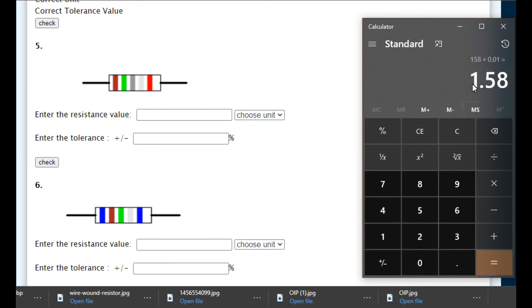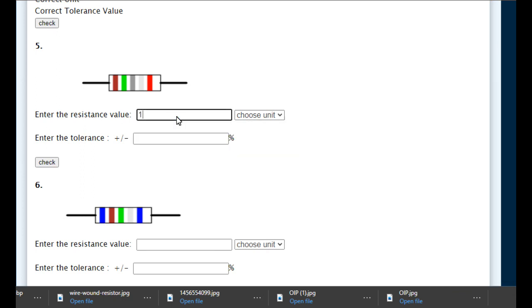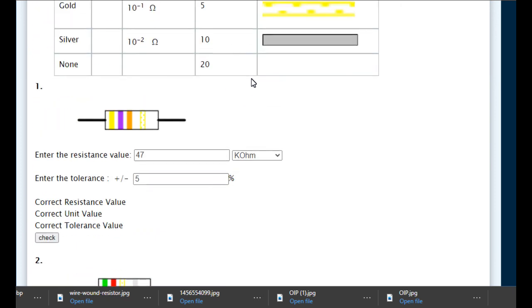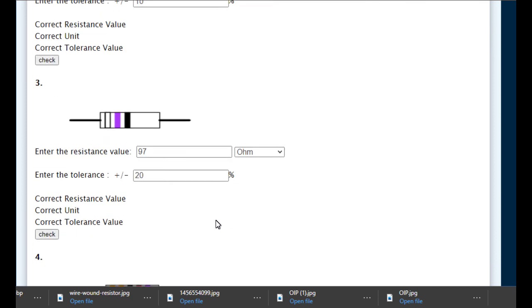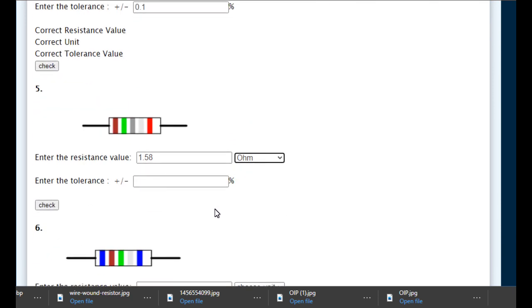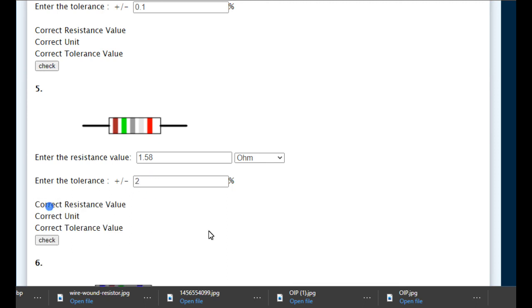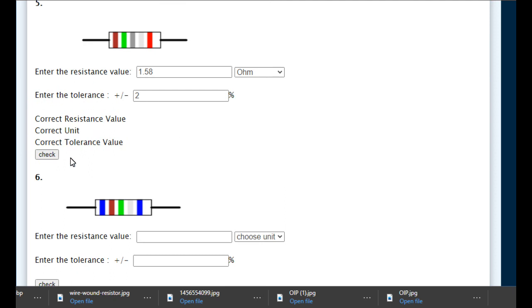So your value will become 1.58 ohms. Write 1.58, choose the unit ohms, and the tolerance band is red. If it is red, then tolerance is 2%. Type 2 and click check. See, all 3 parameters are correct.